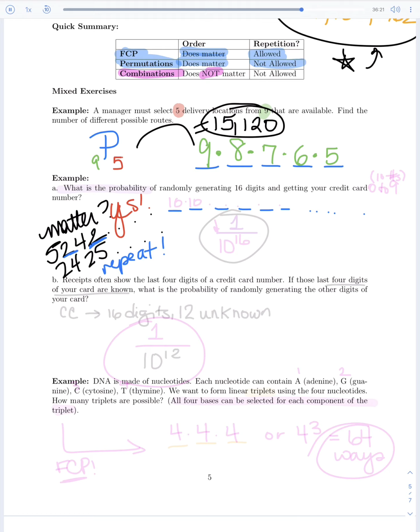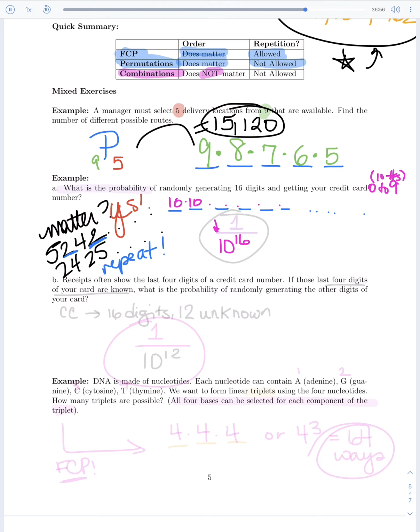And for each of those 16 slots I'd have a choice of anything from 0 to 9, which is a total of 10 numbers to choose from. So the quickest way to write this out would be 10 to the 16th power. That is crazy large. 10 to the 16th power means you'd have a 1 with 16 zeros behind it. So let's just leave that as 10 to the 16th.